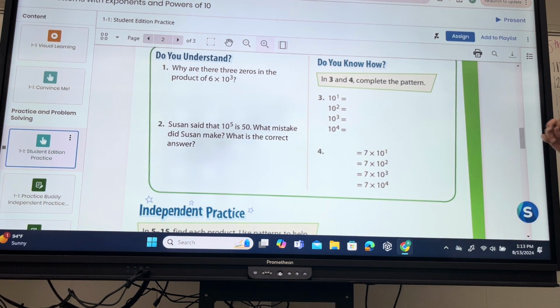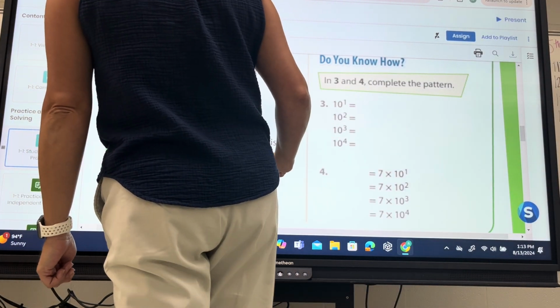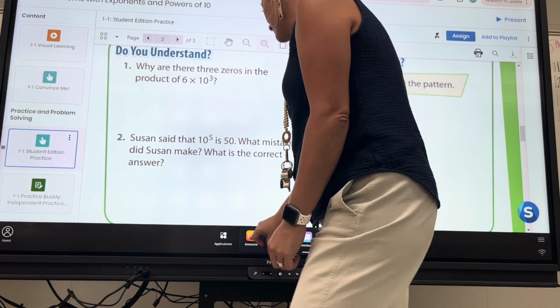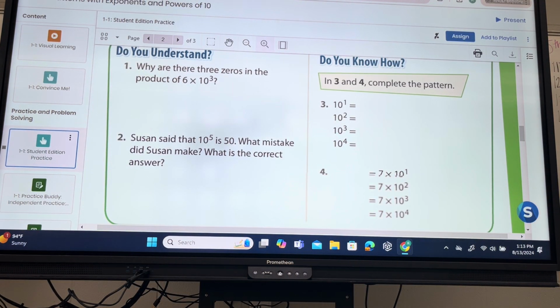All right. Number 1, we're on guided practice on page 7. Do you understand why there are 3 zeros in the product of 6 times 10 to the third power?